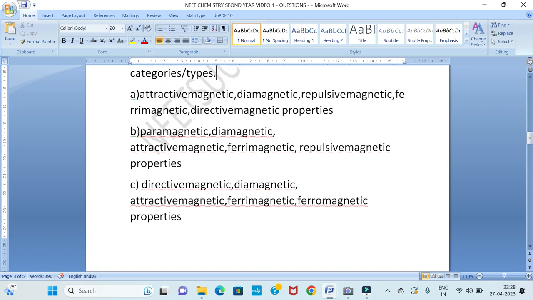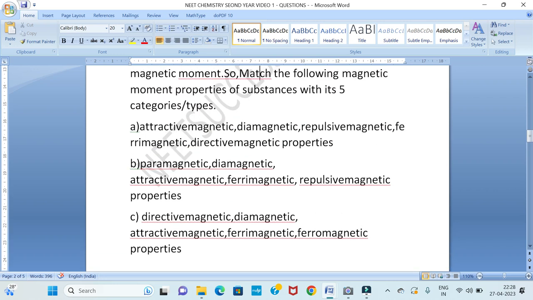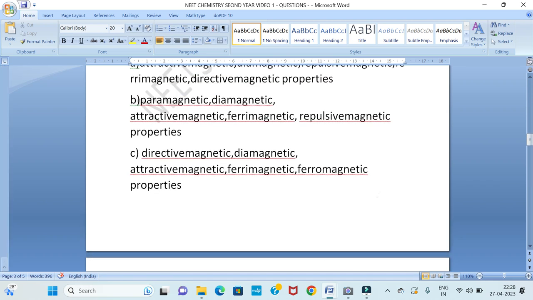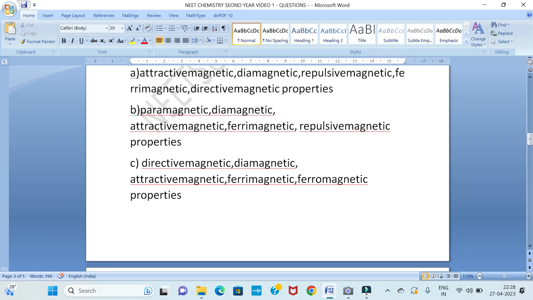Once again, you see here magnetic moment properties. The options list categories like attractive magnetic, diamagnetic, repulsive magnetic, ferrimagnetic, paramagnetic, and ferromagnetic.